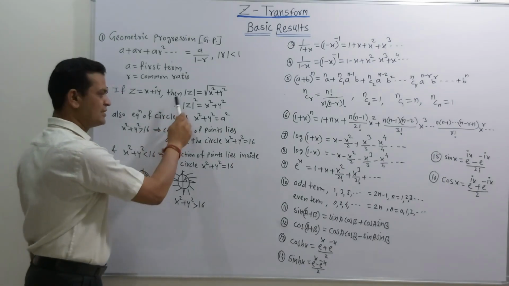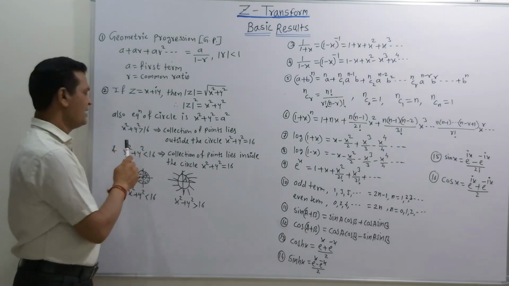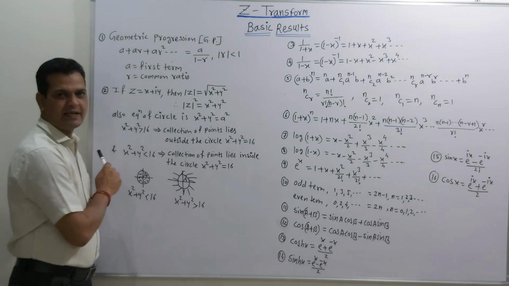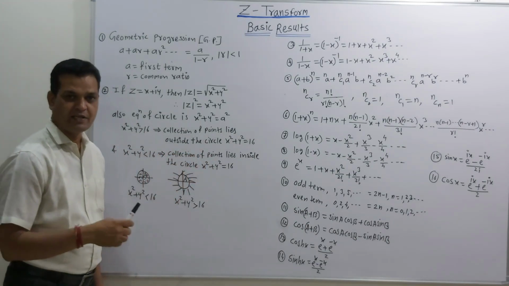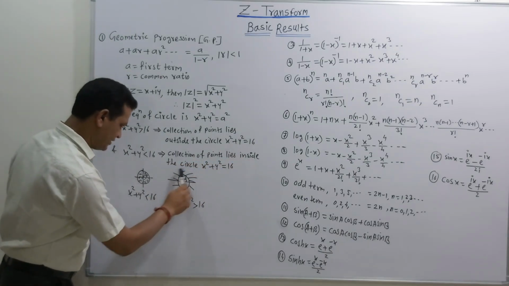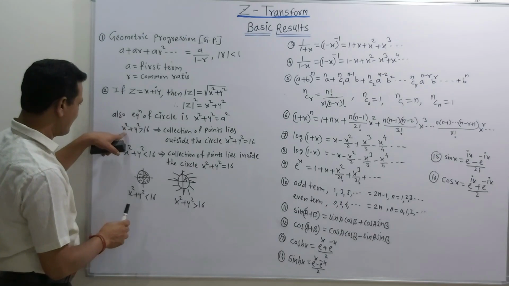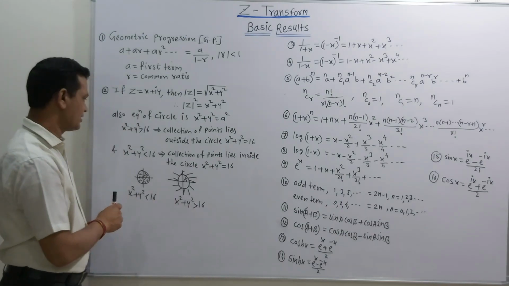So if we consider these two equations, then if we write the equation x square plus y square is greater than 16, this indicates the collection of points lying outside the circle x square plus y square equals 16. So we get such a diagram, which is related to the equation x square plus y square is equal to 16.